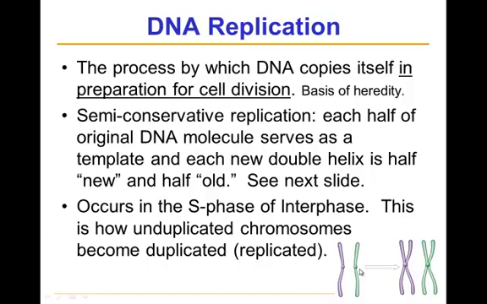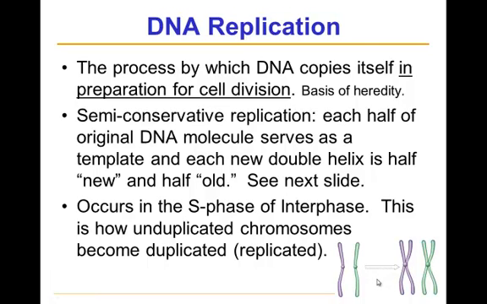So we can see that the difference between unreplicated chromosomes on the left and replicated chromosomes on the right is S phase of interphase and DNA replication.